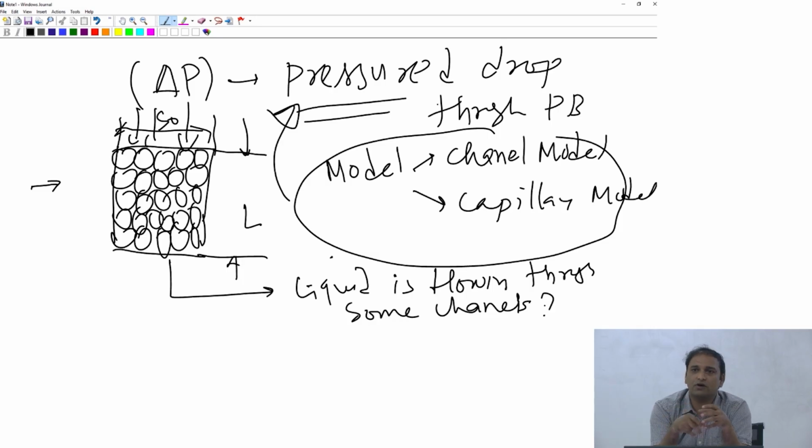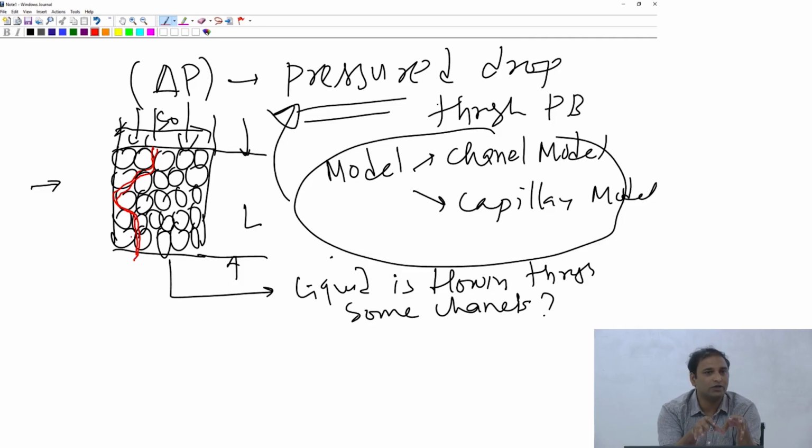Right, so wherever the liquid is flowing through, if I were to trace it, it could be flowing like that. Can I say that?